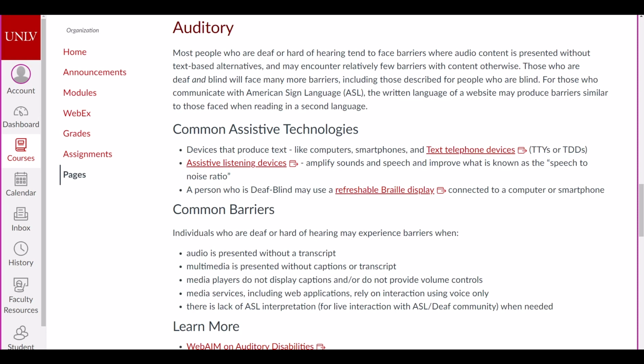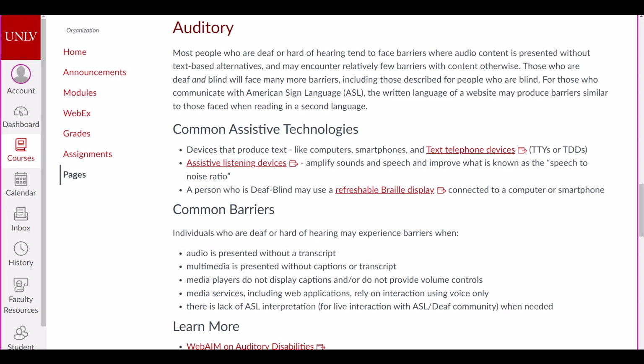Common barriers. Individuals who are deaf or hard of hearing may experience barriers when audio is presented without a transcript, multimedia is presented without captions or transcript, media players do not display captions and/or do not provide volume controls, media services, including web applications, rely on interaction using voice only.